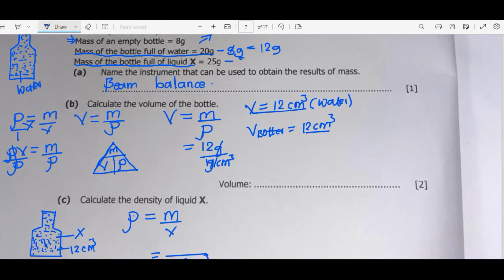So we subtract the 8 grams for the empty bottle. What do we get here? We get 17 grams. So this is what we are going to put here, 17 grams.